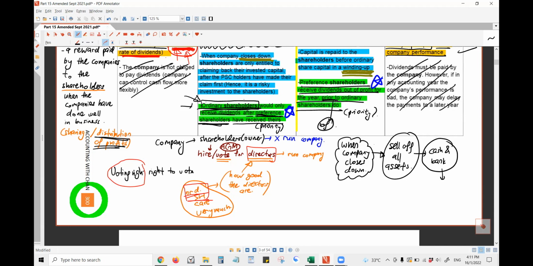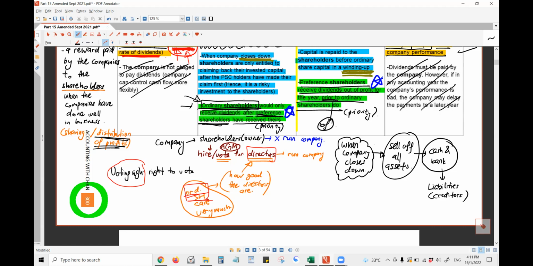So who would get the money first? Creditors are liabilities. Creditors would get back their money first, or the shareholders? It is creditors first. So you write liabilities, in brackets, creditors. You have to know that liabilities means creditors, people whom we owe money to.